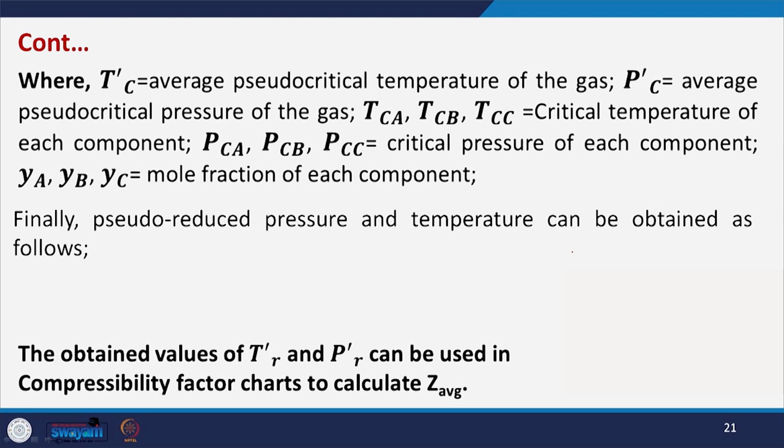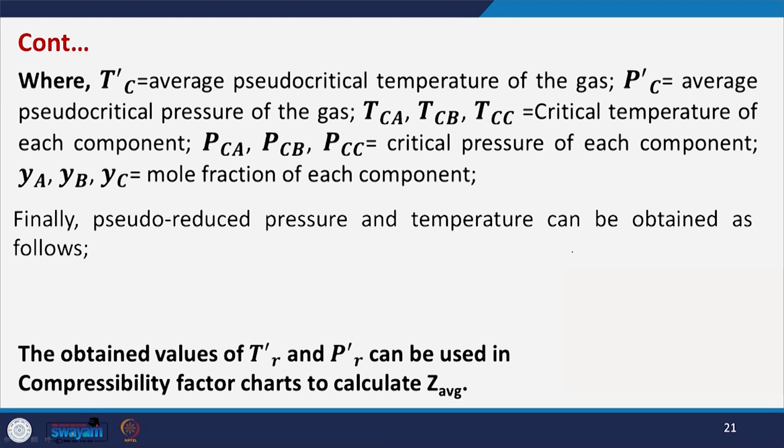Now, T'c is the average pseudo critical temperature of the gas, P'c is the average pseudo critical pressure of the gas, and TcA, TcB, TcC are the critical temperatures of each component, where PcA, PcB, PcC are the critical pressures of each component. yA, yB, yC are the mole fractions of each component.